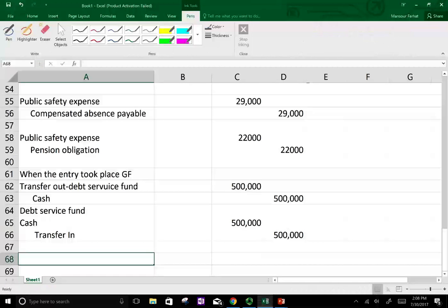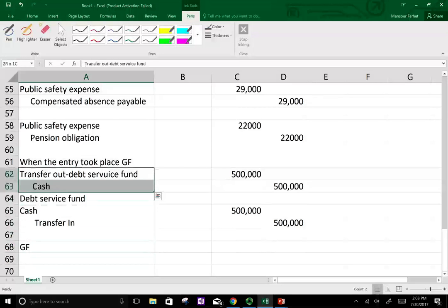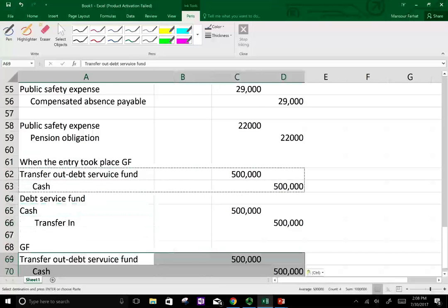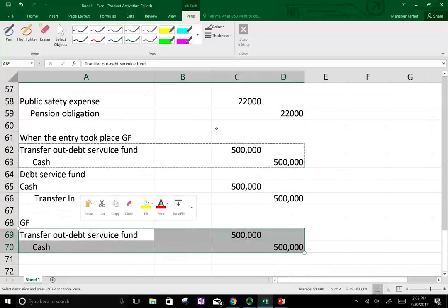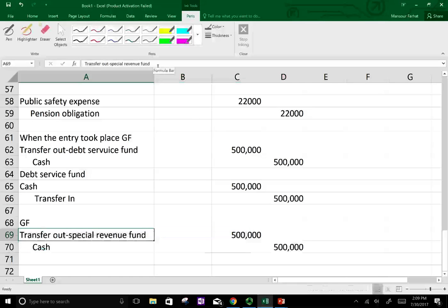In addition to the debt service fund, we sent $200,000 to the special revenue fund. So back in the general fund, they will again debit transfer out, now to the special revenue fund, but the amount is $200,000.